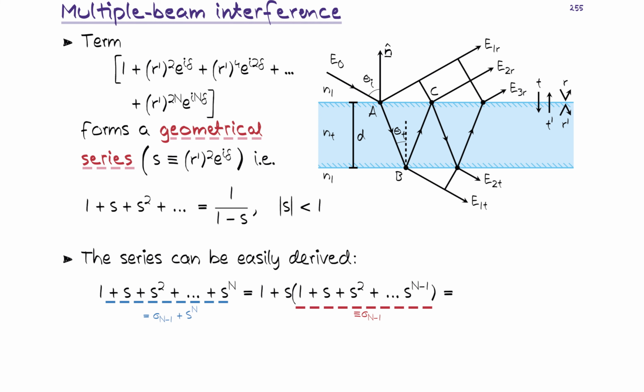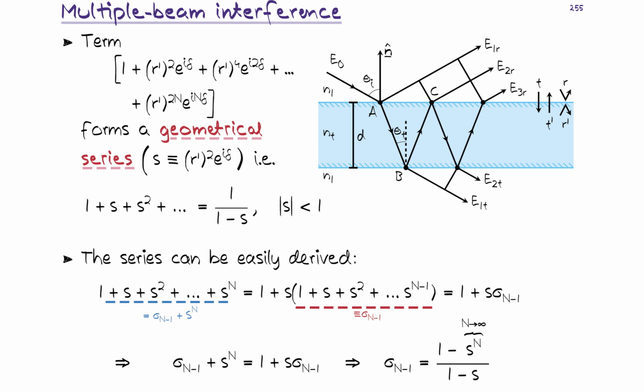And this is nice, because then we can write this in a simpler manner. So this is 1 plus S sigma n minus 1, and now we actually have an equation that we can solve with respect to sigma n minus 1. And now we can solve for sigma n minus 1, and this is essentially now 1 minus S to the power of n divided by 1 minus S. And when we let n tend to infinity, this term goes to 0 as long as the modulus of S is smaller than unity.